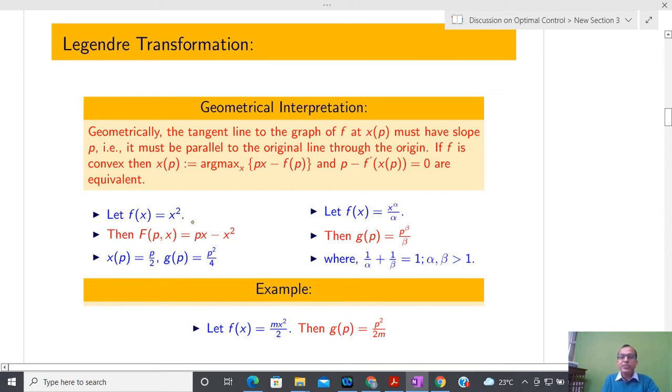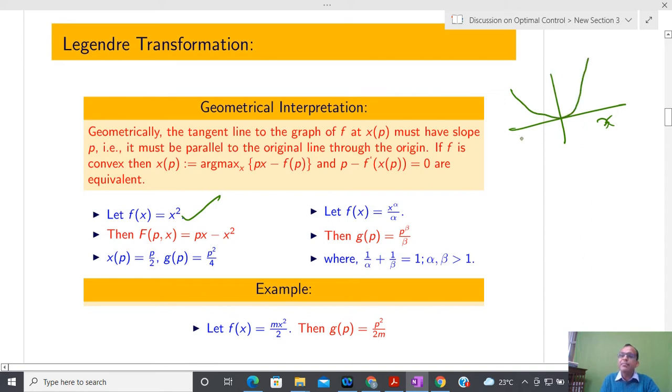Now let us try to see, using an example, how we convert one function into another function using the Legendre transformation. Suppose I have some function like this, f(x) equal to x square. Now if you plot f(x) equal to x square, you can see that this is some kind of convex function.